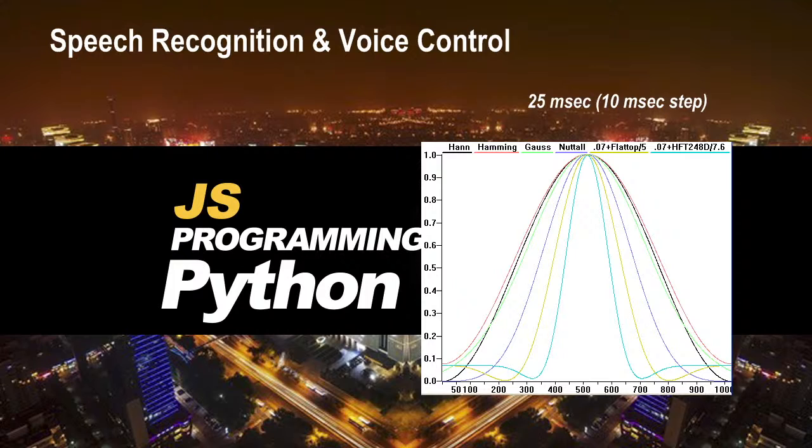We divide our waveform into pieces with a length of 25 milliseconds, and we divide them into pieces not, let's say, first from 0 to 25, then from 25 to 50, we're making a step.